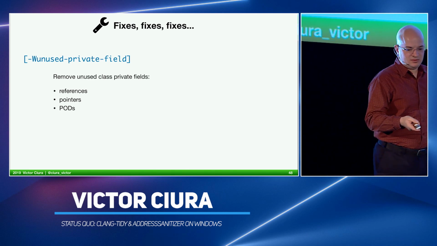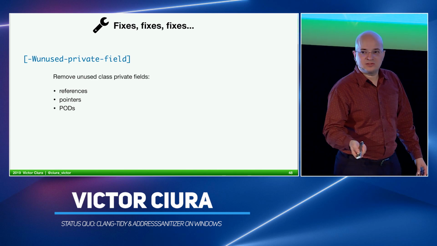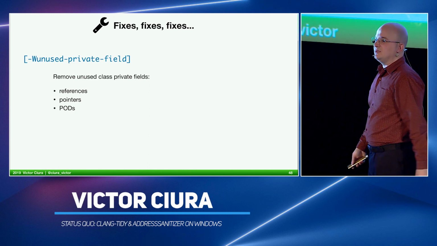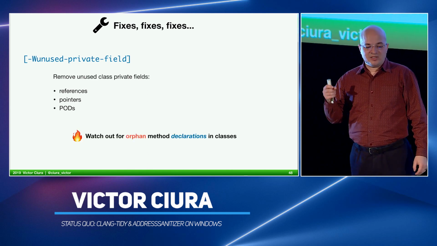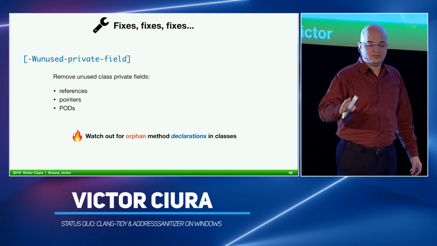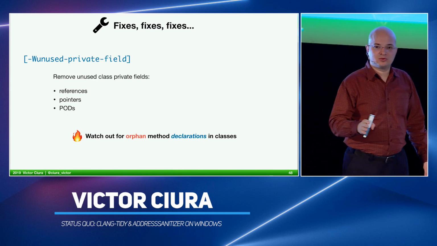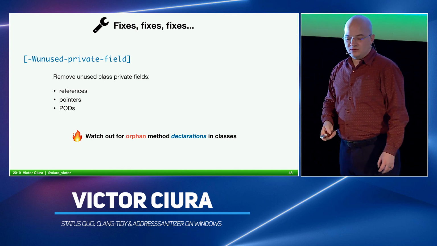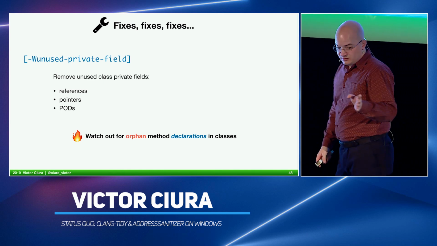So you'll find references, pointers, and PODs in your data structures that are unused, but are just sitting there. You won't be able to detect user-defined types that are stored if they have a constructor, because that might have a side effect. So you're not going to be able to detect those.